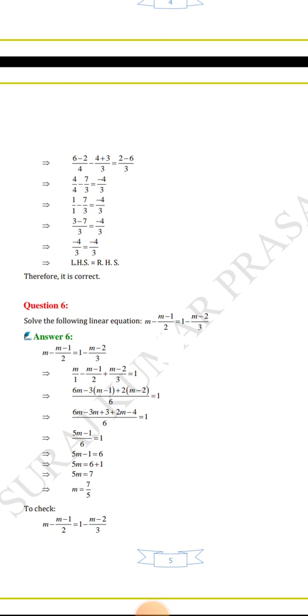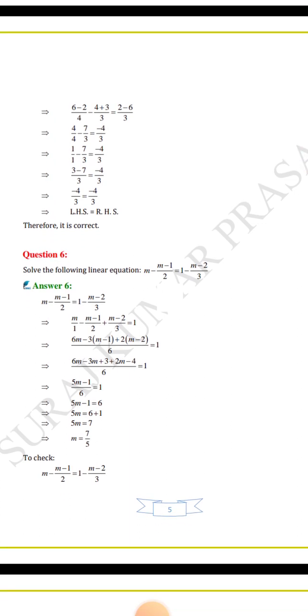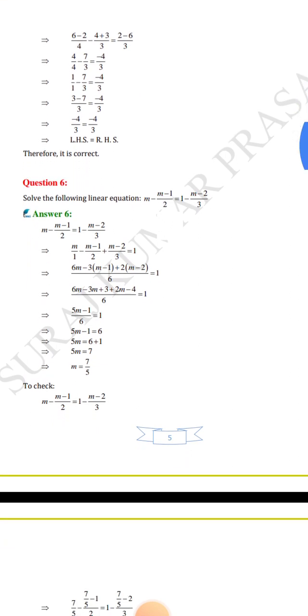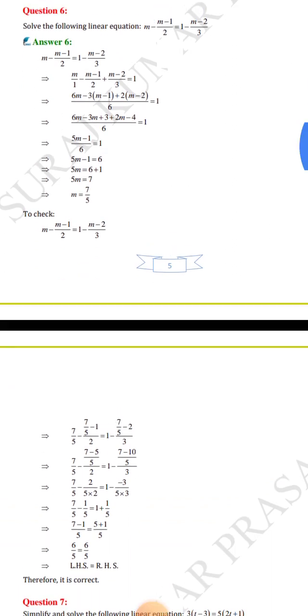Then (6 minus 2)/4 minus (4 plus 3)/3 equals (2 minus 6)/3. Then we can get 4/4 minus 7/3 equals minus 4/3. Then we can get 1 minus 7/3 equals minus 4/3. And by taking LCM we can get (3 minus 7)/3 equals minus 4/3. Then minus 4/3 equals minus 4/3. Then LHS is equal to RHS, therefore it is correct.